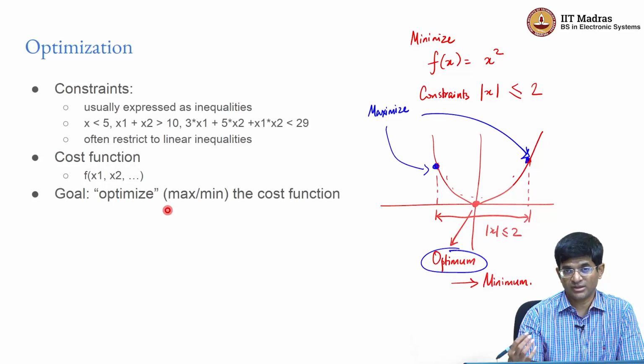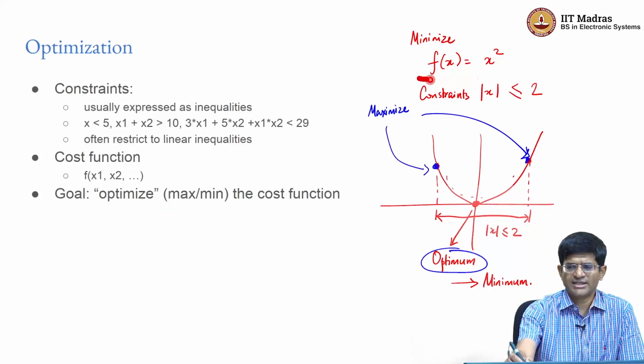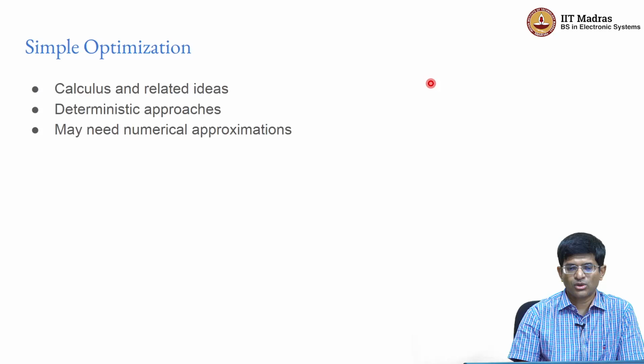Given a cost function and given constraints, if it was something fairly simple like f of x equals x square, yes, we can compute it outright and get the answer. If we had a simple optimization problem, we know how to use calculus. Of course we need not have used the graph based approach.